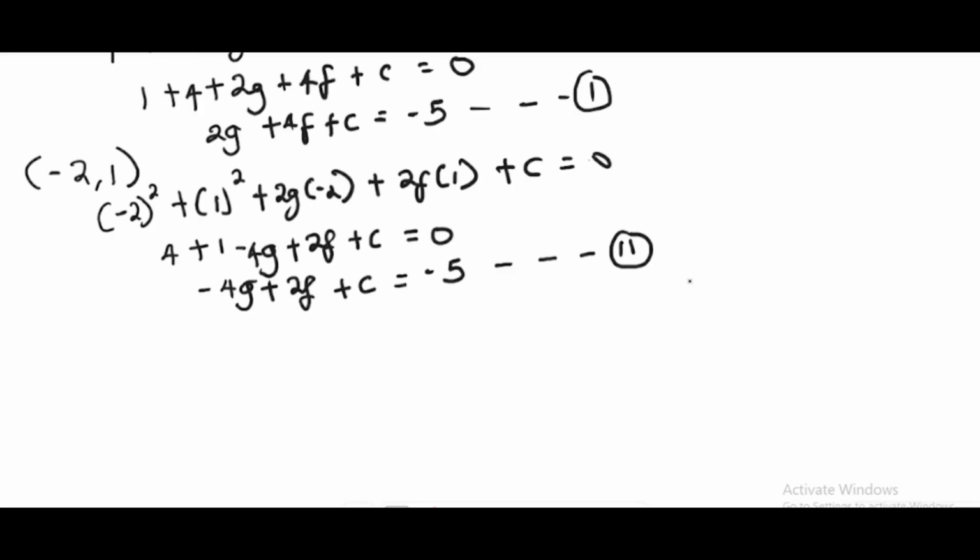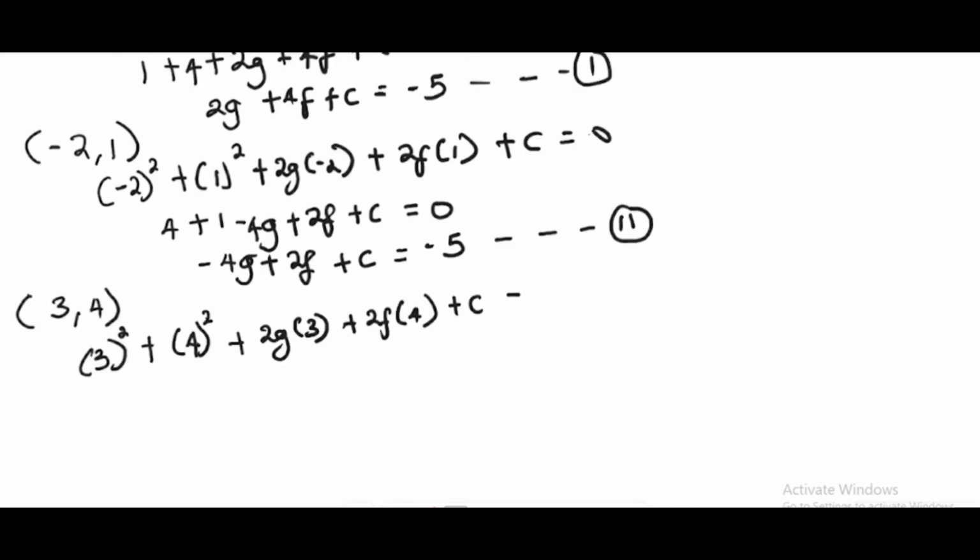So I have 3 squared plus 4 squared plus 2g times 3 plus 2f times 4 plus c is equal to 0. All right, so we have 9 plus 16 plus 6g plus 8f plus c is equal to 0.